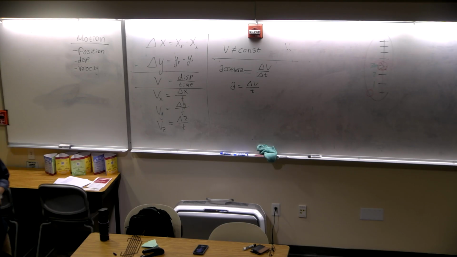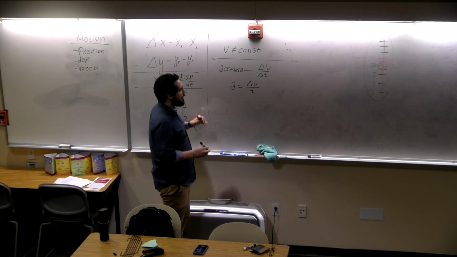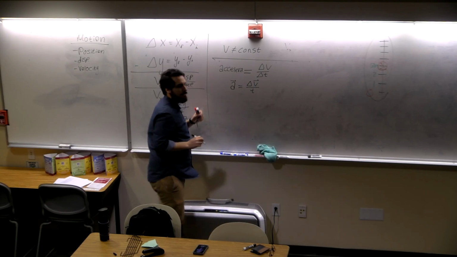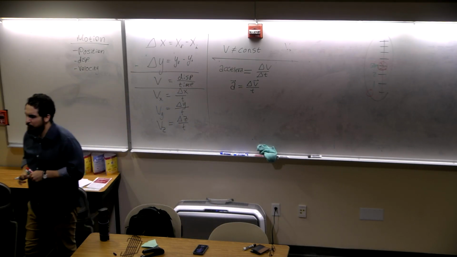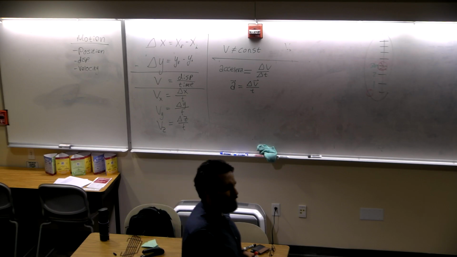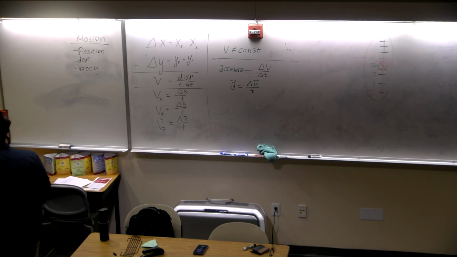Deltas always mean final minus initial. There's one important thing I've been neglecting here. Velocity has direction, so it's a vector. Well, if velocity is a vector, then acceleration also has directionality, meaning acceleration is also a vector quantity.